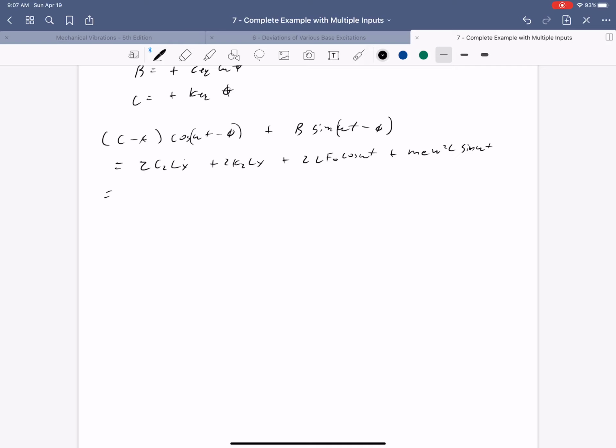Okay, so now we can put this as 2C2L, and y dot was negative omega y sine omega t, plus 2K2L of y cosine omega t, and then we have plus 2L f naught cosine omega t plus me omega squared sine omega t.